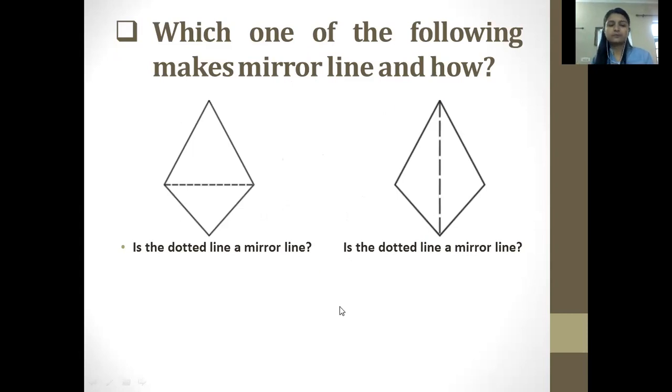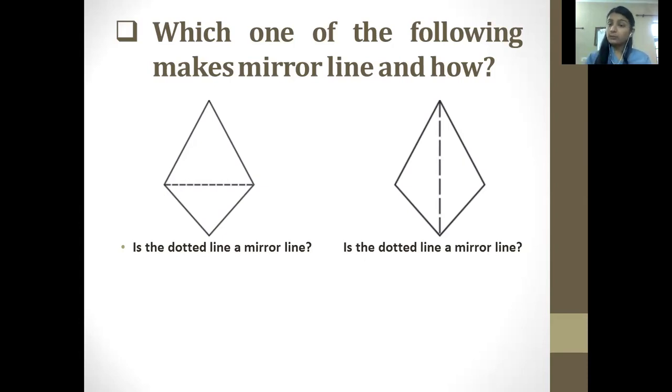If I am taking this shape, cutting it from between, and folding this side upwards, you can see it would remain here only. It won't go up to this. So we can say that the lower portion is not equal to the upper portion, so we won't consider it a line of symmetry.